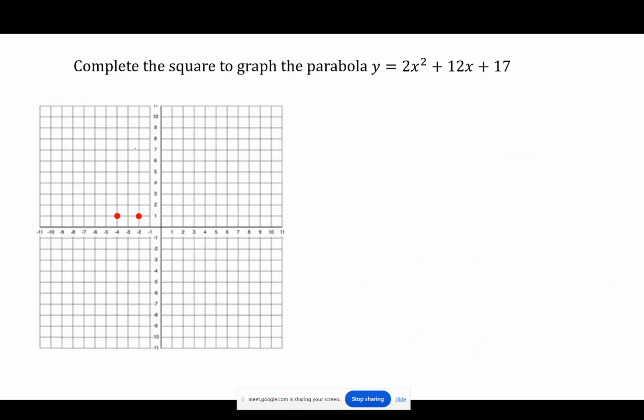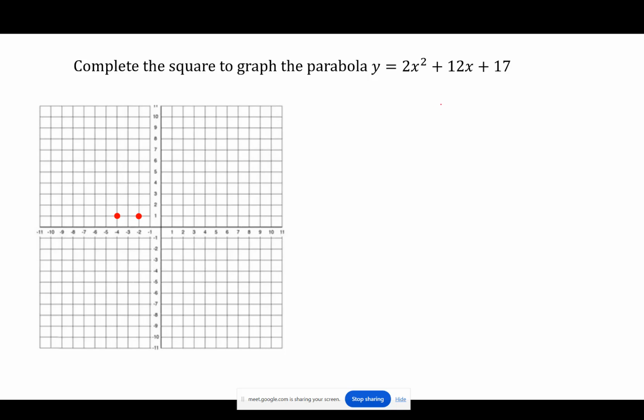Okay, we want to complete the square to graph this parabola. To complete the square, we have to have a leading coefficient of 1, and we have right now 2x squared. So we're going to have to divide everything by 2.